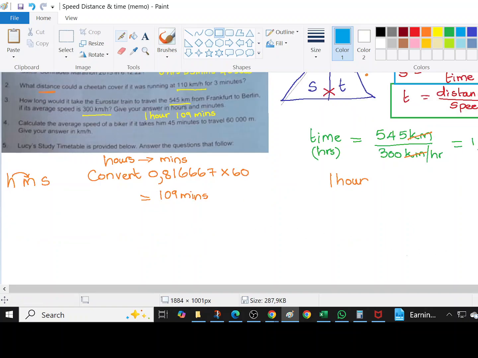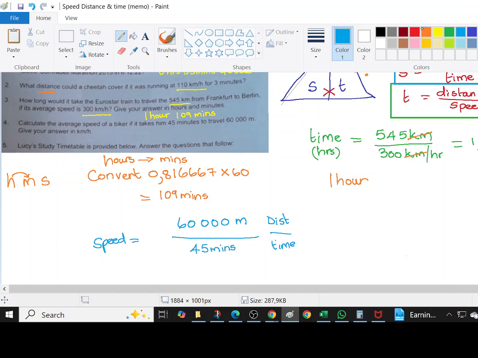So calculate the average speed of a biker if it takes 45 minutes to travel 60,000 meters, because speed is equal to distance over time, right? So distance is 60,000 meters and time is 45 minutes.